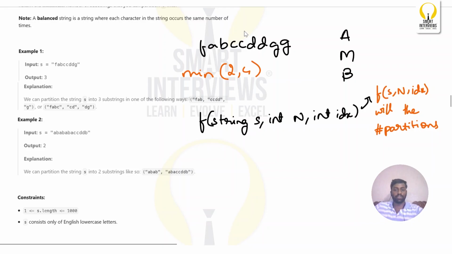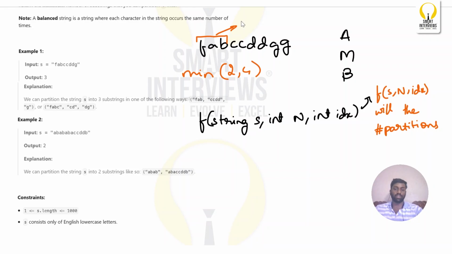How can you check if a string is balanced or not? Let's say FAB itself is your substring. To check if it is balanced or not, you can keep track using a hash map or a counter array. Using the counter array, you can see the occurrences or frequencies. If all the frequencies are the same, then continue telling that it is a balanced string.